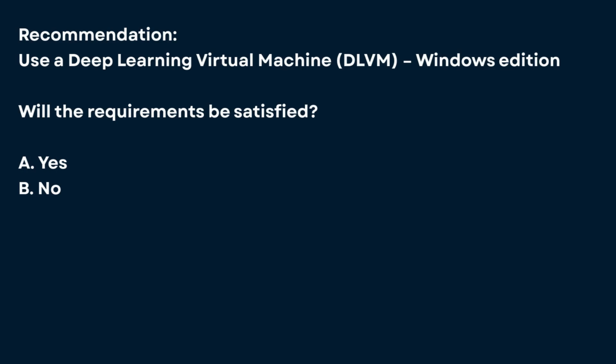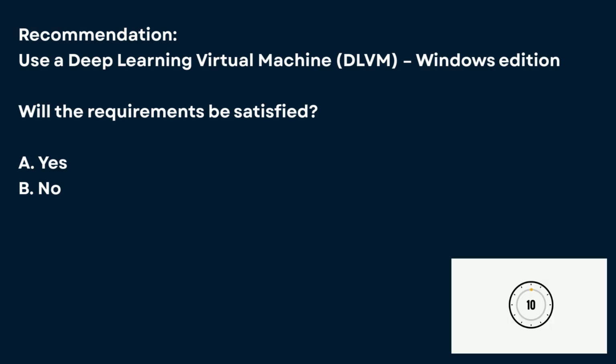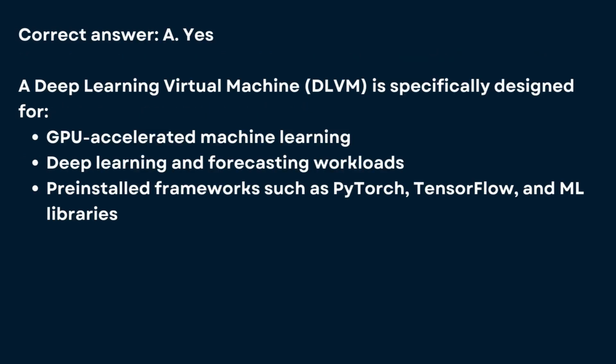The answer options are A. Yes. B. No. The correct answer is A. Yes. Let's understand why this is correct. A deep learning virtual machine is specifically designed for GPU-accelerated machine learning.